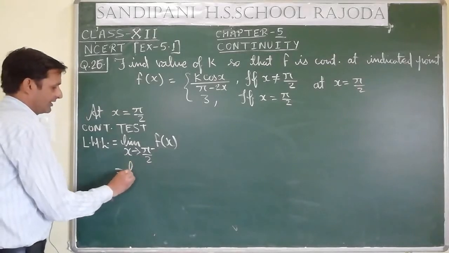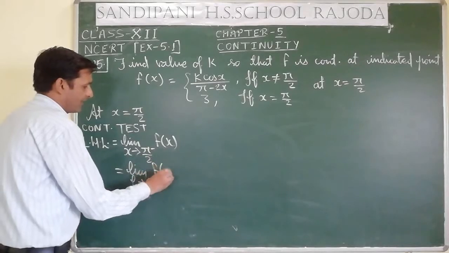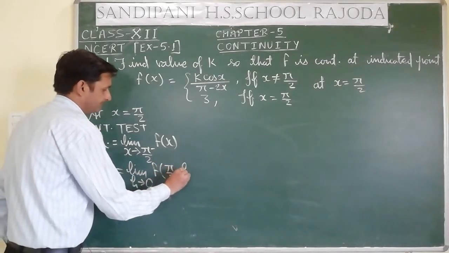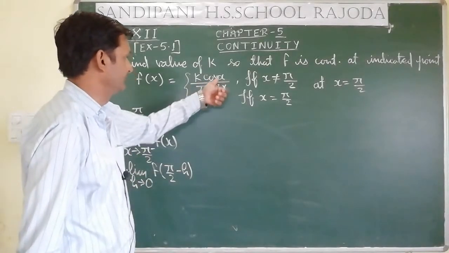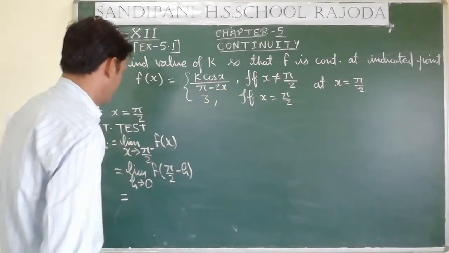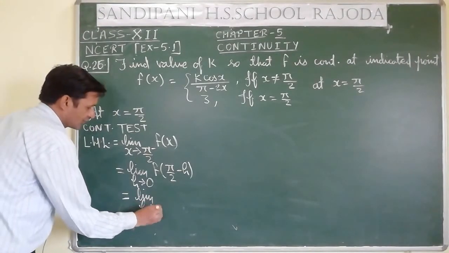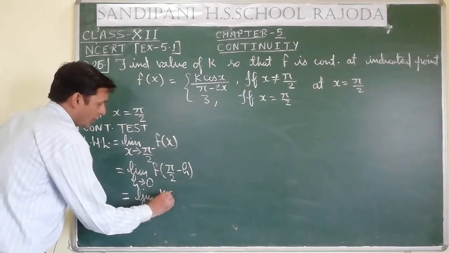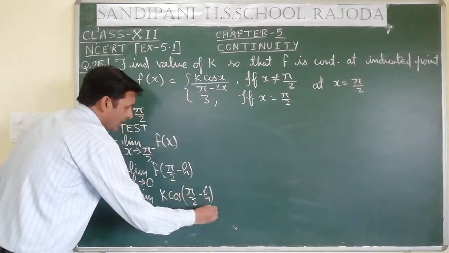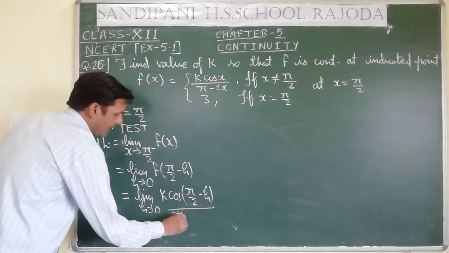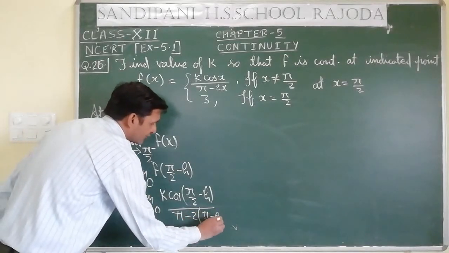This will be equal to limit h tends to 0, f of pi by 2 minus h, which means we have to put pi by 2 minus h here in place of x in both the places. So this will become limit h tends to 0, k into cos of pi by 2 minus h upon pi minus 2 into pi by 2 minus h.